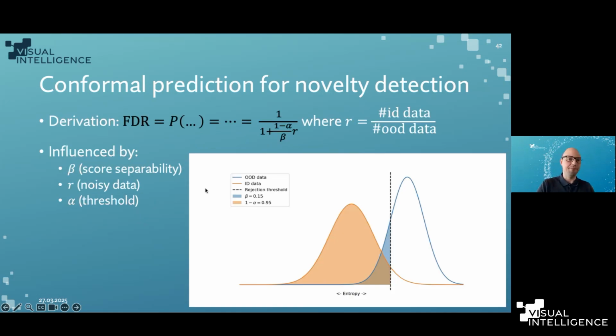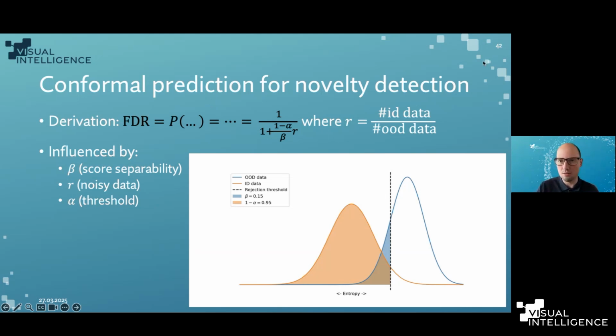The false discovery rate can also be calculated exactly by a small derivation. You get this expression: 1 divided by 1 plus ((1 minus alpha) over beta) times r, where r is the ratio of in-distribution data compared to out-of-distribution data in your test set.